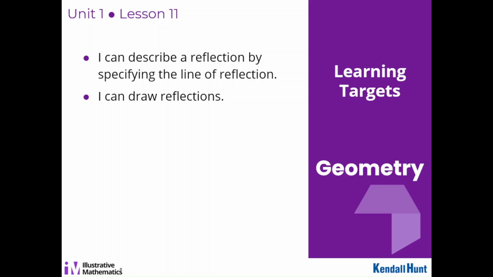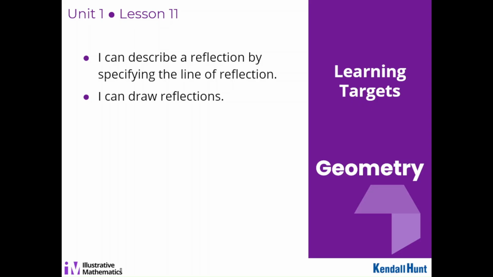It may be an axis. Maybe you're reflecting across the y-axis, or you're reflecting across the x-axis. Maybe it is a random line or line segment that is drawn in open space. But you have to be able to specify which line it is that you are reflecting across.